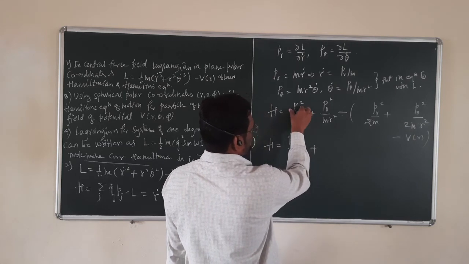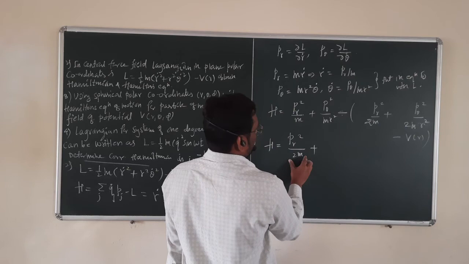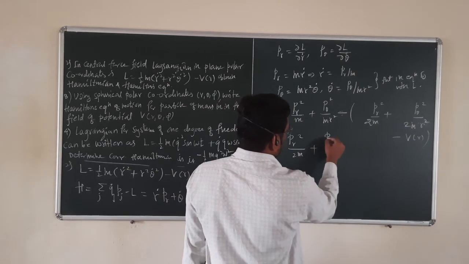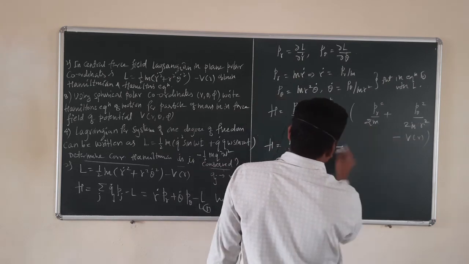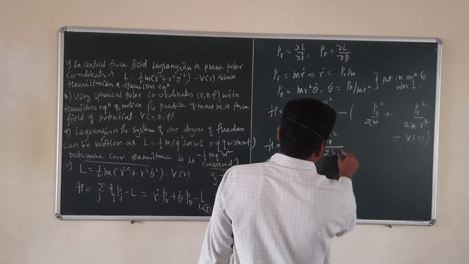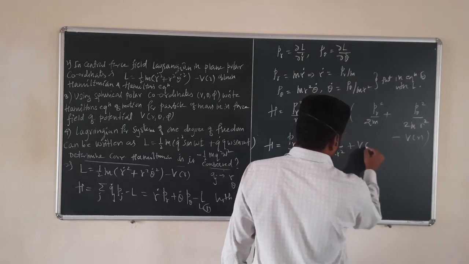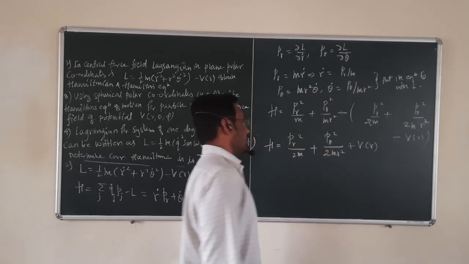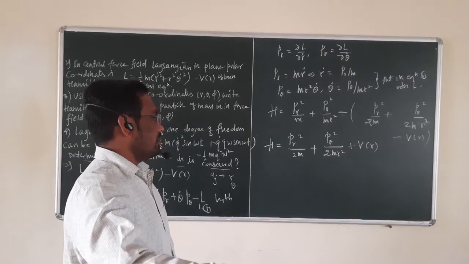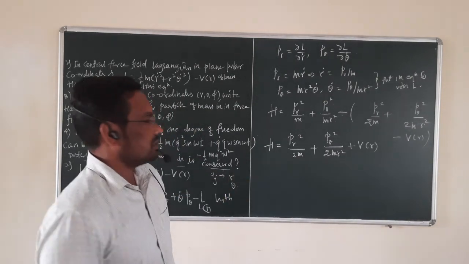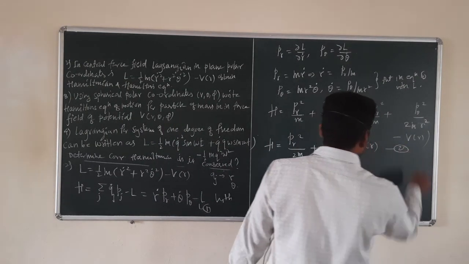If you subtract pr square upon m from this 1 half factor, we will get pr square by twice m, plus p theta square. If you subtract this 1 from this 1 half, you will get twice m r square, and this minus sign becomes a plus sign, so plus V of r. So the Hamiltonian is pr square divided by twice m, plus p theta square divided by twice m r square, plus V of r. Call this equation 2.